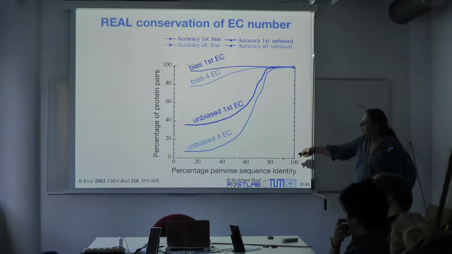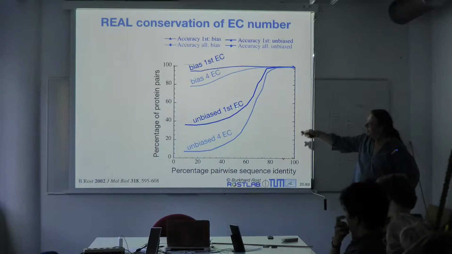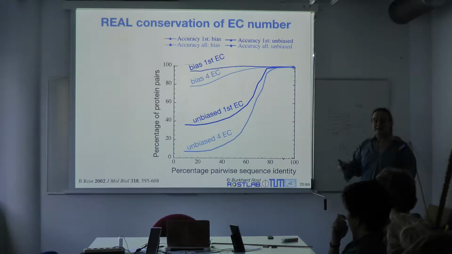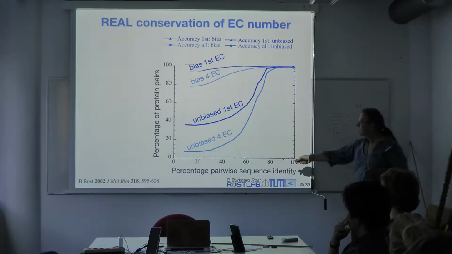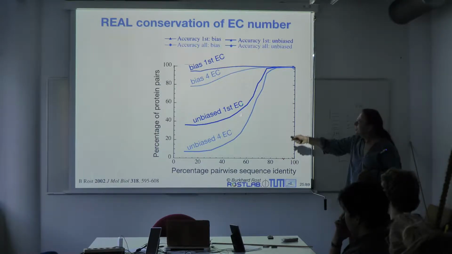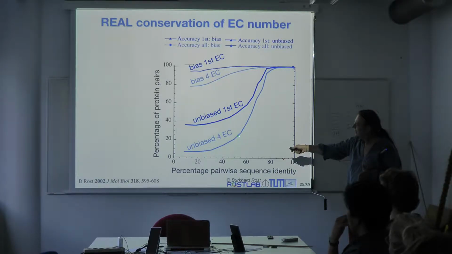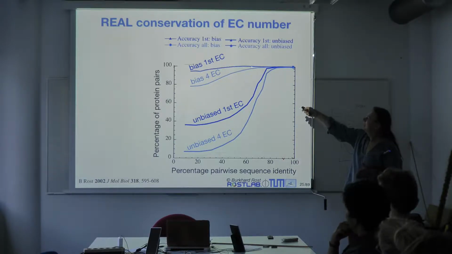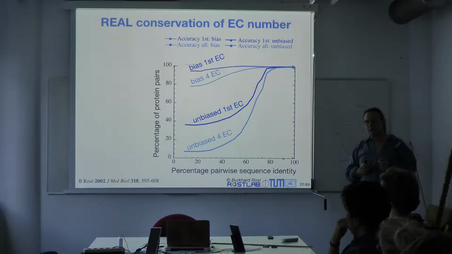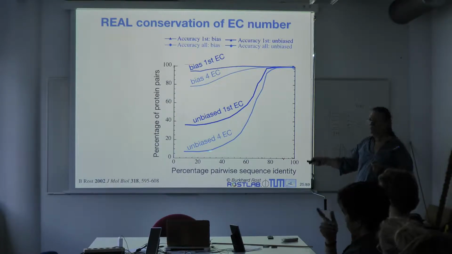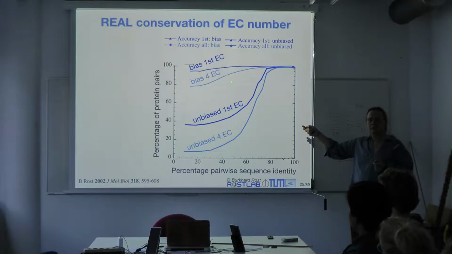But very rapidly, when we go to levels of 50% sequence identity, a realm in which we very often look at alignments, let's just look at 4 EC digits. Now we're getting an estimate at 50% of less than 20 versus at 50% of 95. So that's a big difference, right? This is right. This is wrong.